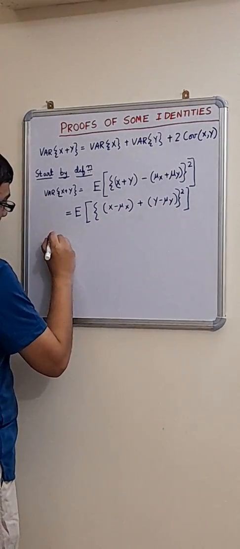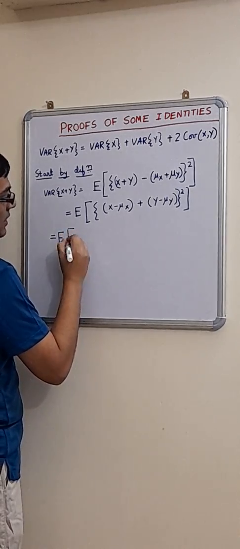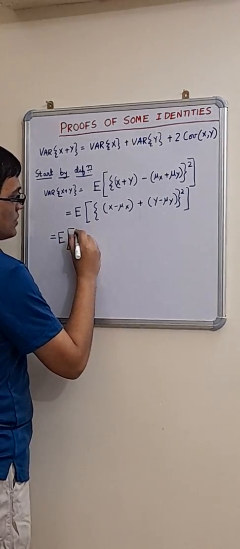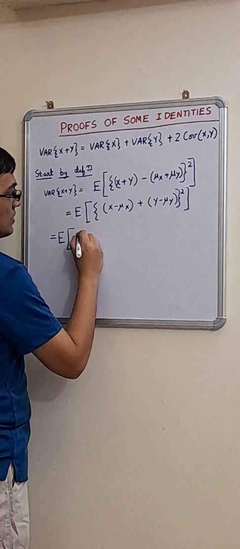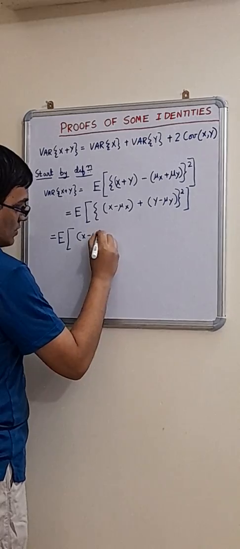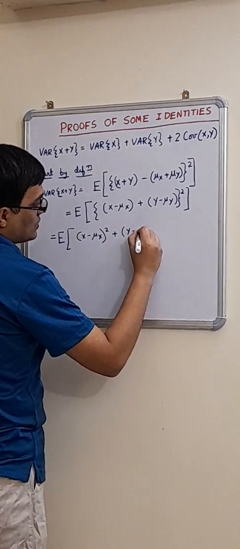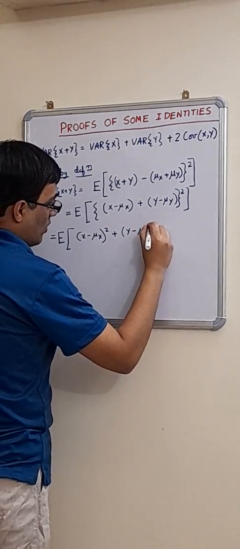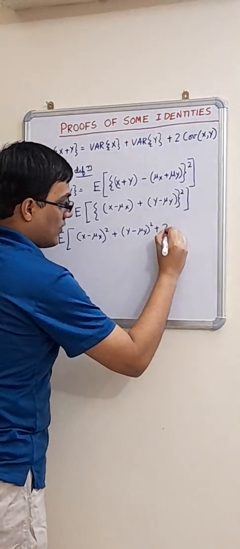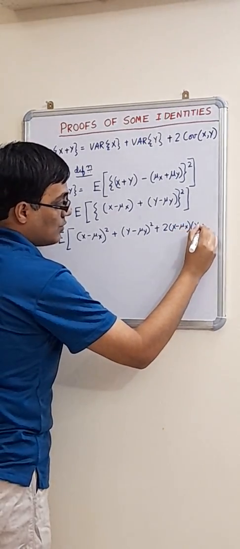So what does it become? We will apply the expectation operator at the very end. Let us do the squaring now. This becomes x minus mu x whole square plus y minus mu y whole square plus twice of x minus mu x into y minus mu y.